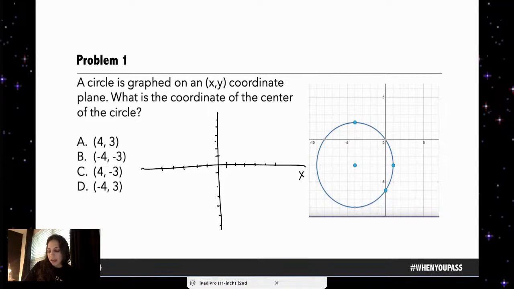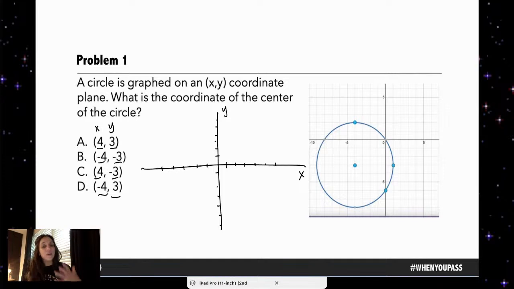So this is your x-axis and this is your y-axis. X comes before Y in the alphabet, so X comes before Y in a coordinate point. So we know that these are my X values, 1, 2, 3, 4, and these are my Y values, 1, 2, 3, 4.